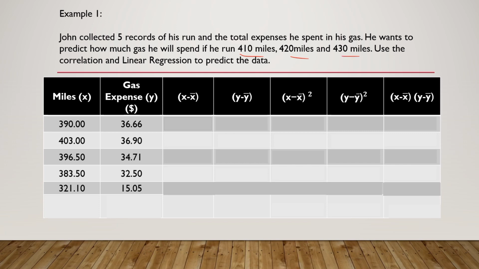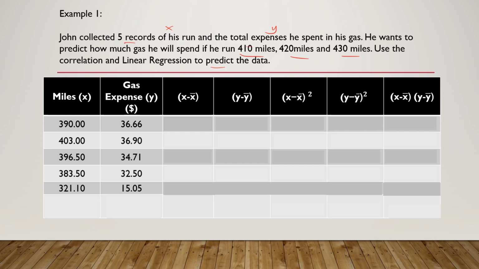So use the correlation and linear regression to predict the data. We will plot the 5 records of his run in miles, that is the x, and the total gas expenses he has spent, that is the y.